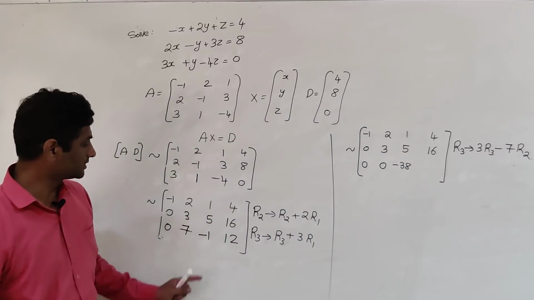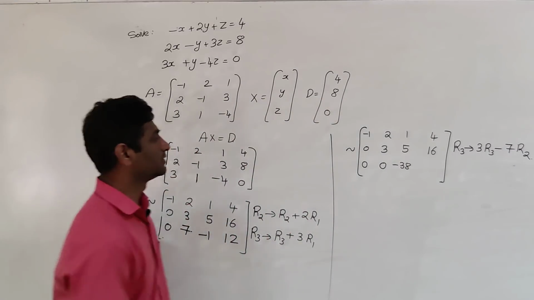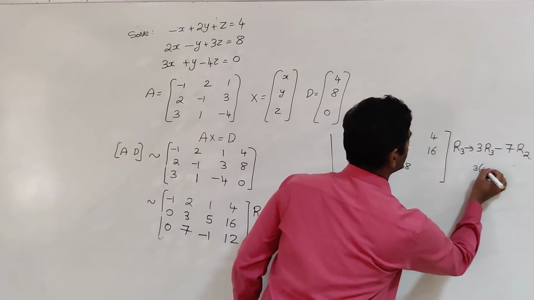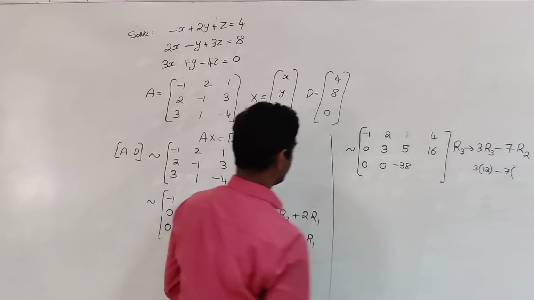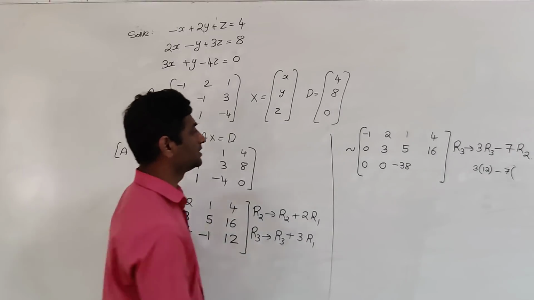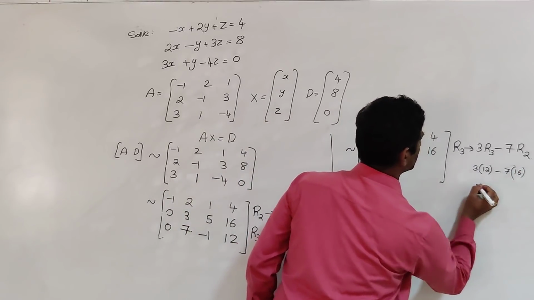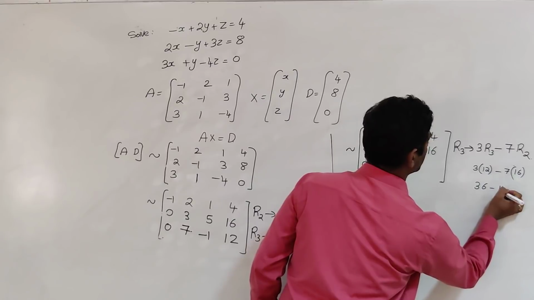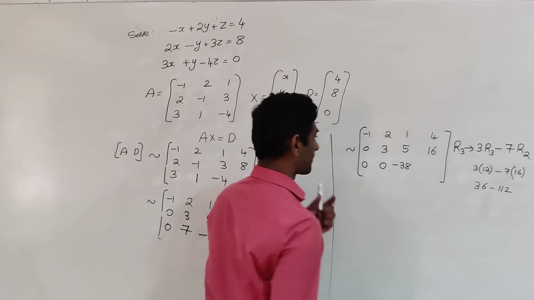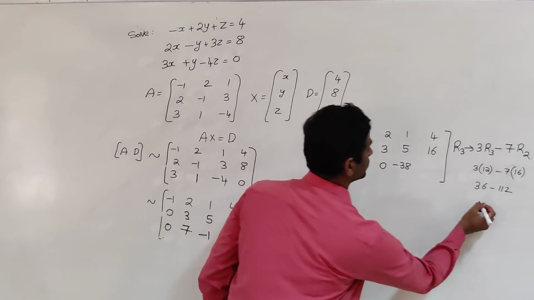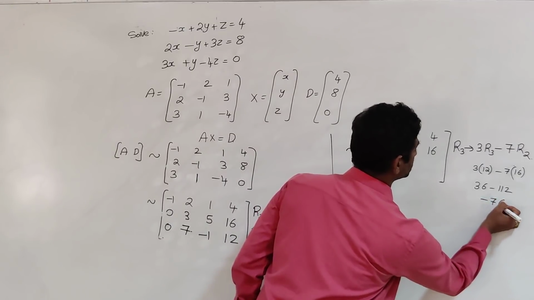Next, 3 times 12 minus 7 times the corresponding element of R2, 16. So 36 minus 112, it is -76.